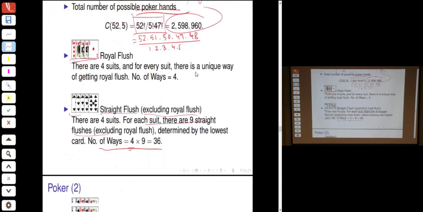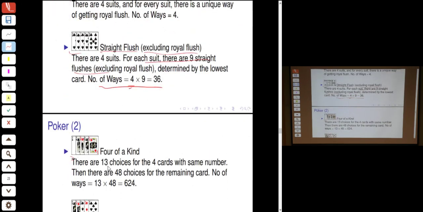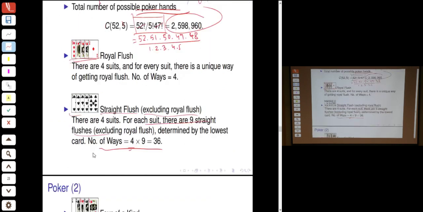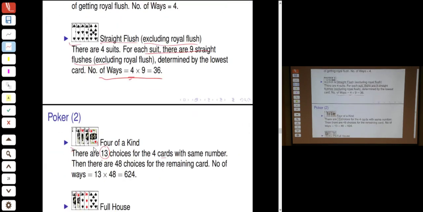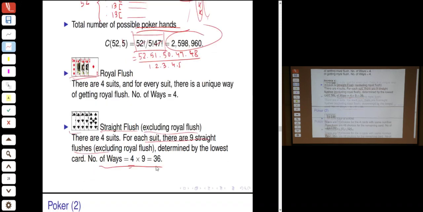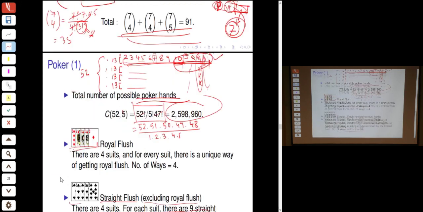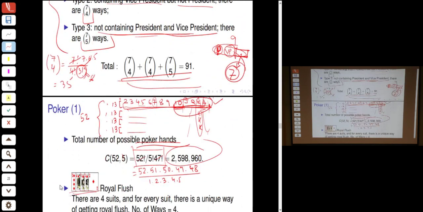So, once you choose the number of the card, for this there are 13 choices because there are 13 possible numbers. Once you choose the number of the card, there are 48 choices of the remaining card, because the 5th card has to come from a different number. So, let us say king is your number. So, this you can do in 13 ways. Now fix that number.